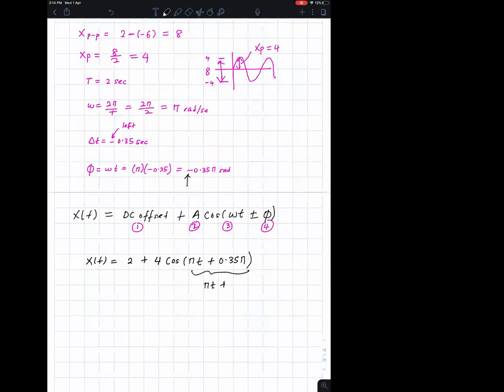Therefore, when you solve for pi t, it's going to be minus 0.35 pi. So that's why when it comes inside the bracket, it becomes positive.